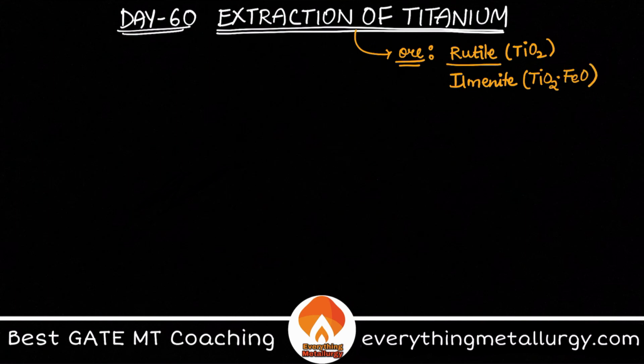Whereas in rutile, you see very little iron content. That's why ilmenite is easy to find, whereas rutile is somewhat rare.